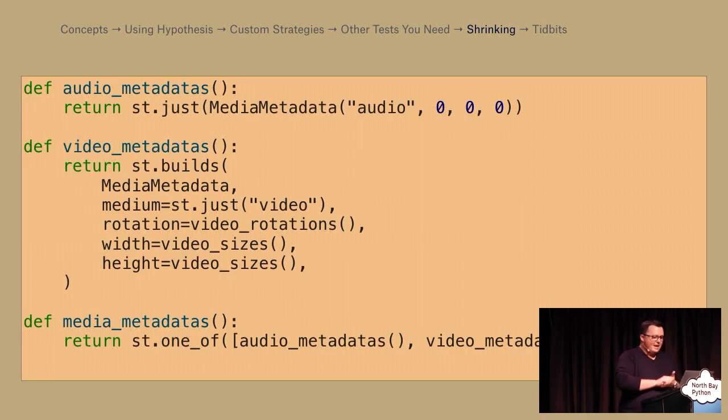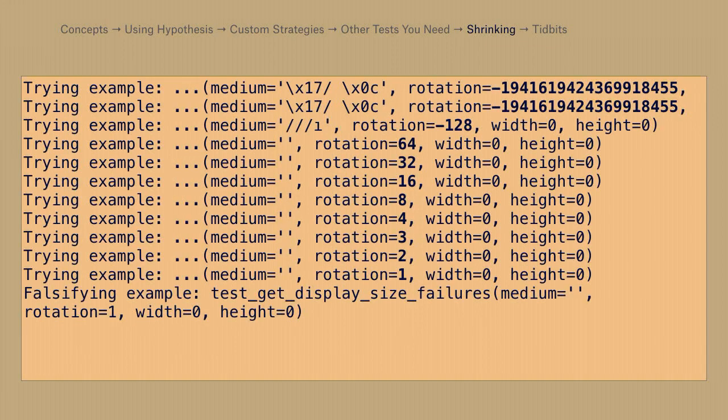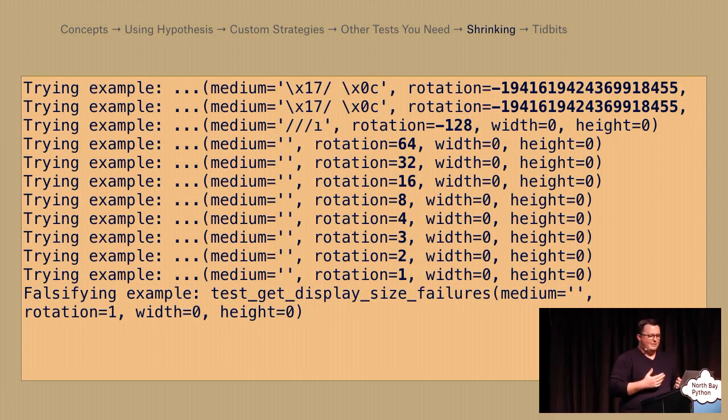Because Hypothesis has shrinkers for all of the base strategies, that also means that our custom strategies, which are just built on composition of those base strategies, also get shrinking for free. And this is why we've seen examples where the failure cases were very small. I asked Hypothesis to run a test, caused that test to fail, and asked it to tell me all the values it was trying along the way, and I happened to get this.